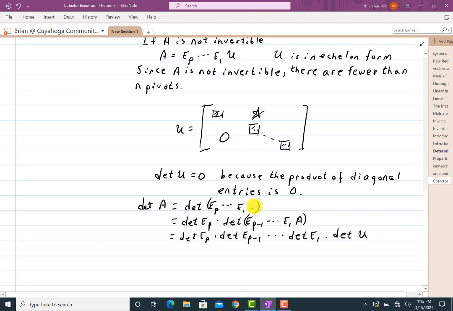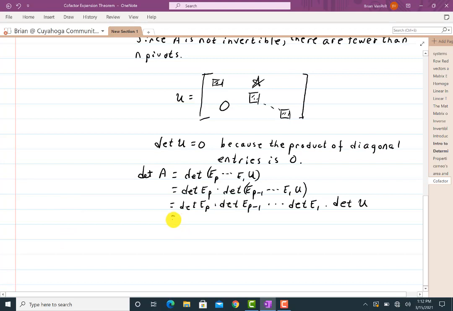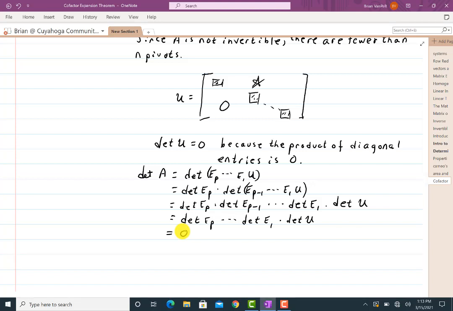That is going to be my U. You can't, I mean, I guess you can do something like that, but it's completely silly. So once I get to that, then I really don't care what these determinants of the E's will be. So I'll get the determinant of E_P down to the determinant of E_1 times the determinant of U, which we know equals 0. So in this case, the determinant of A is equal to 0.